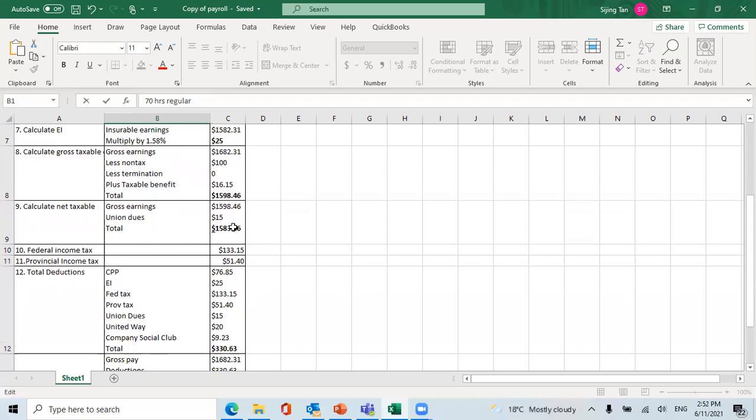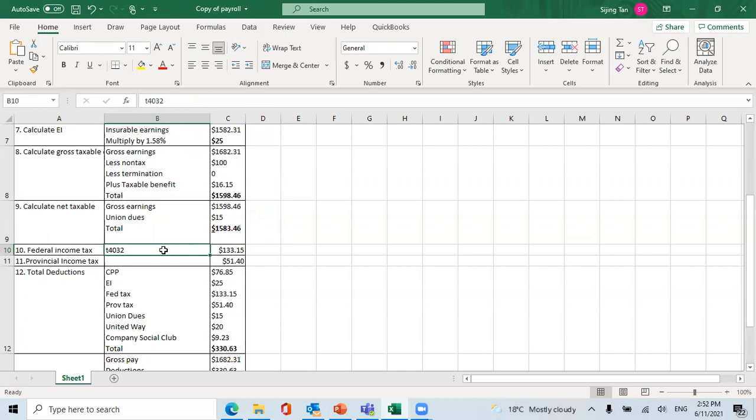When we have our net taxable income, we can check the federal income tax and provincial income tax. Those two income taxes are stated on the CRA website, T4032. I already sent you a video to show you how to find the correct numbers.